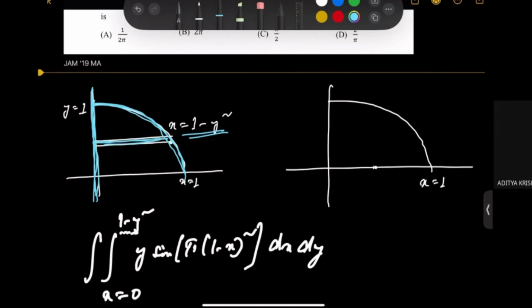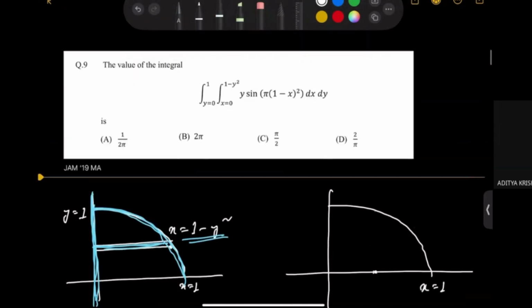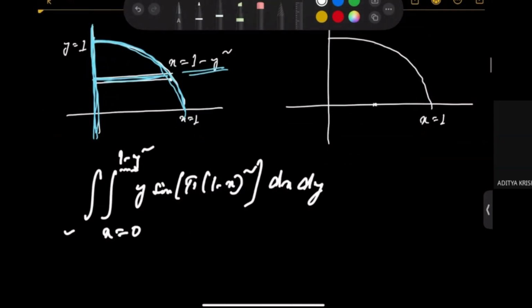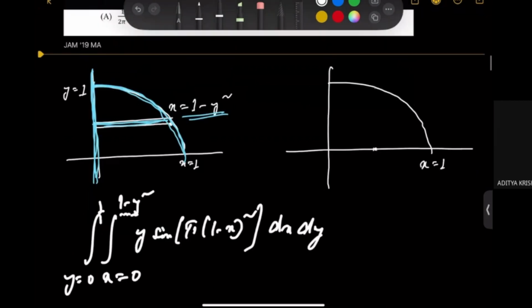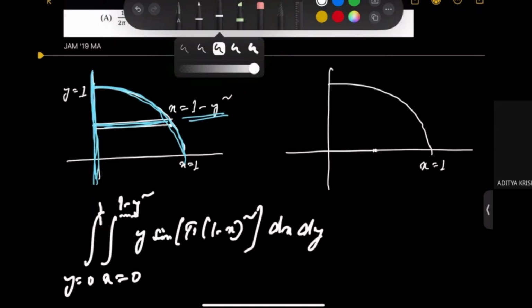And the limits of y are y equal to 0 up to 1. Y equal to 0 is this, and y equal to 1 is this one. So precisely you have to cover this region when you integrate.